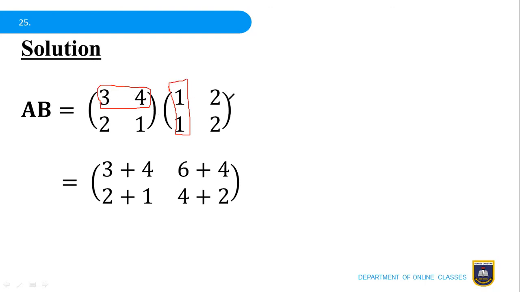So 3 times 2 will give us 6, plus 4 times 2 is also 8. It's supposed to be 8. Let me check that quickly.